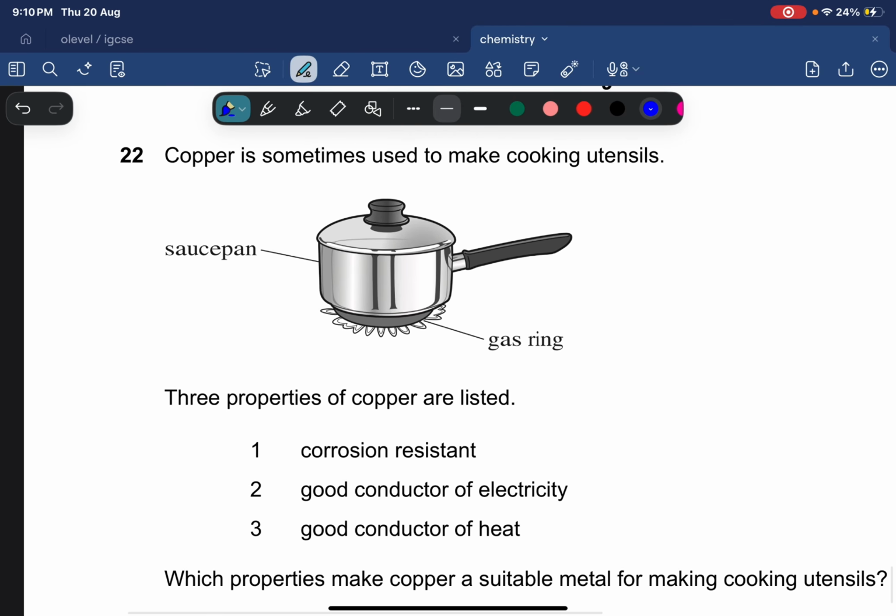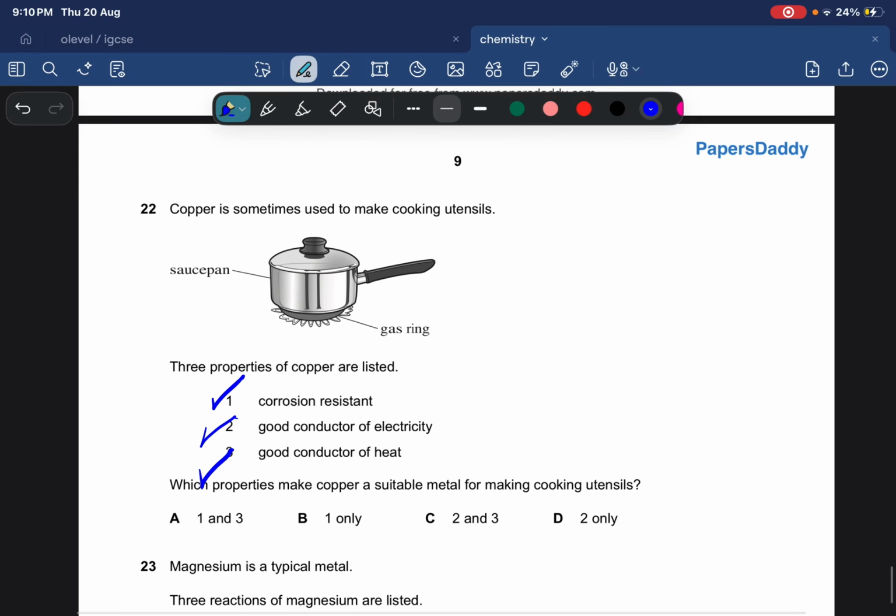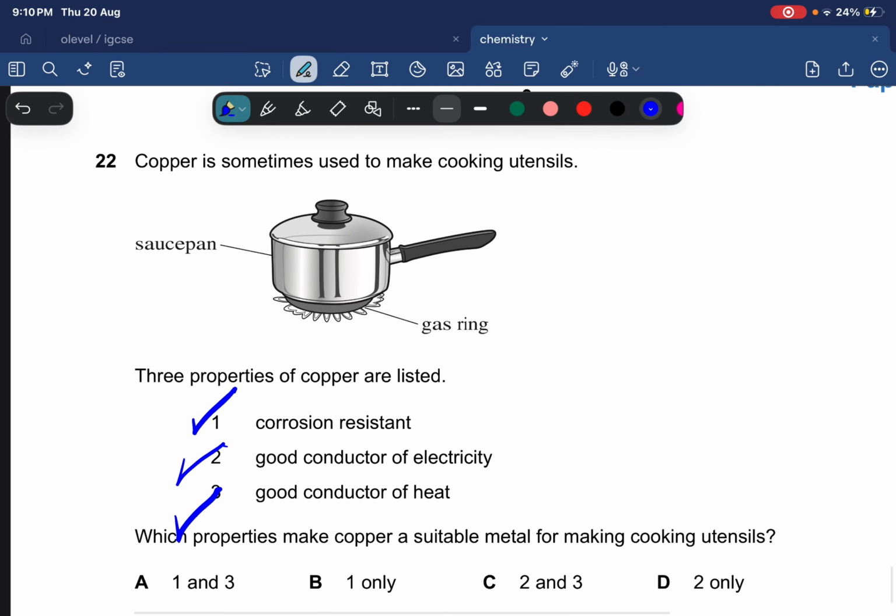Copper is sometimes used to make cooking utensils. The properties of copper are listed: corrosion resistant, good conductor of electricity, good conductor of heat. Which properties make copper suitable for making cooking utensils? For utensils we care about corrosion; utensils shouldn't corrode.